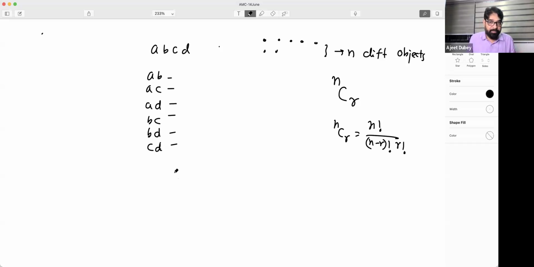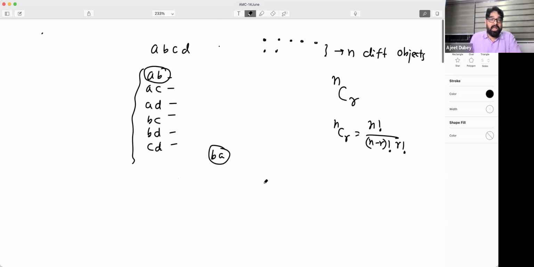Out of these 6 options, nothing is repeated, meaning no group is repeated. What I mean to say is AB for selection is the same as BA, because we are not doing arrangement. What we got is all that matters. This is what is called selection, nothing else.